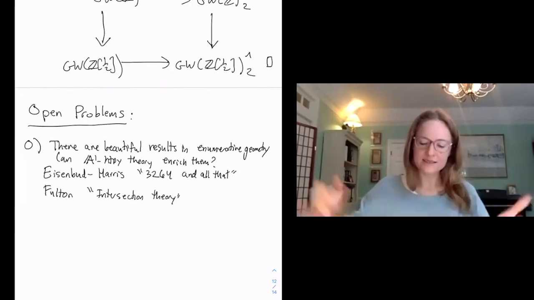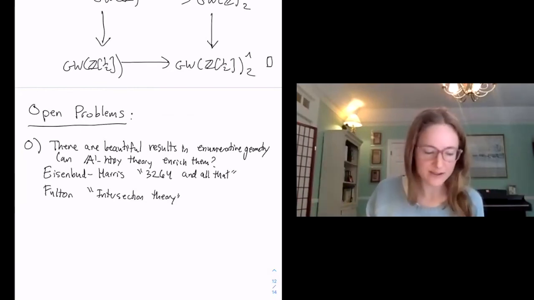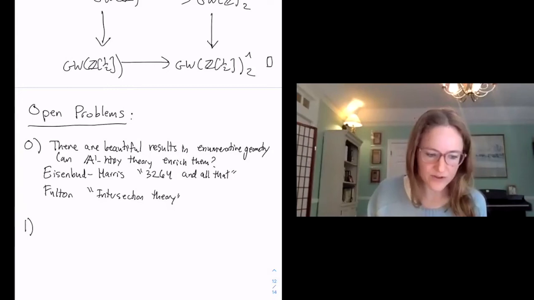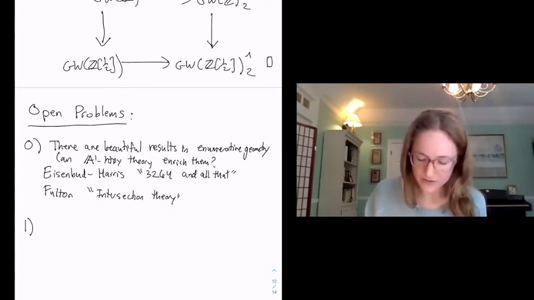To be less hand-wavy about this, in the corollary above, we didn't have the analog of interesting descriptions in terms of the complete intersection itself.